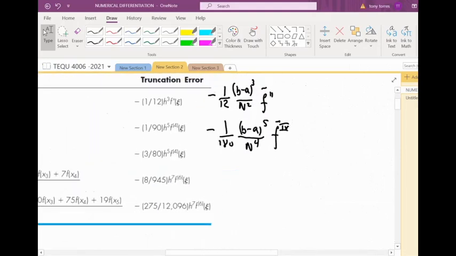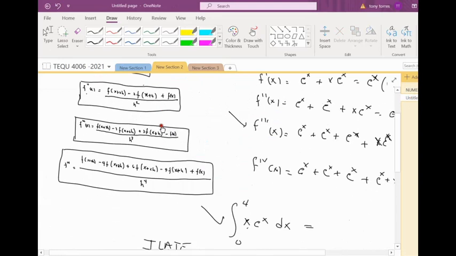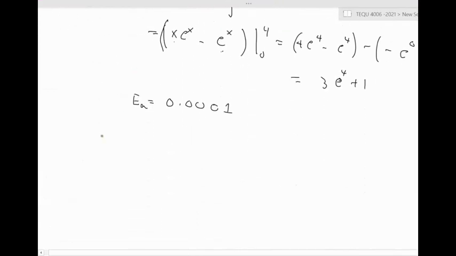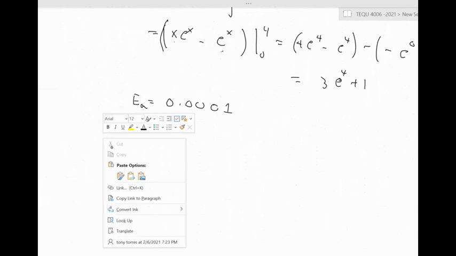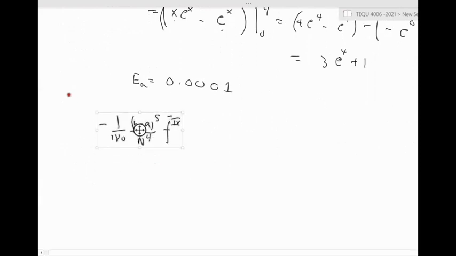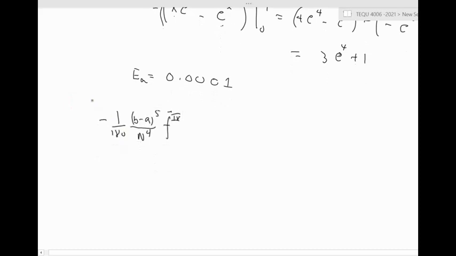I need this. That's all what I need. All right. So the absolute value of that has to be less than or equal to 0.0001.